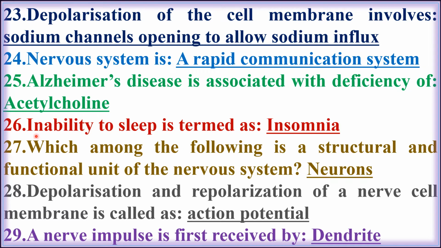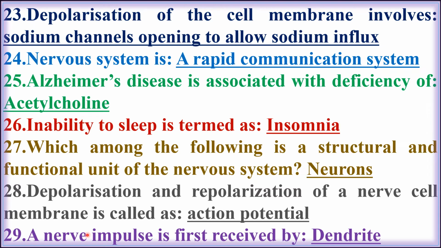Next, inability to sleep is termed as insomnia. Next, which among the following is a structural and functional unit of nervous system? That is neuron. Next, repolarization and depolarization of a nerve cell membrane is called as action potential.